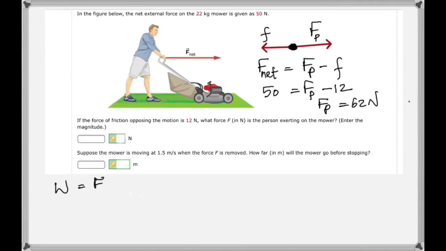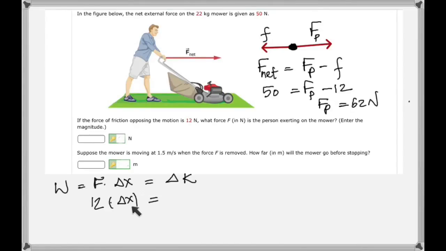And then if it was moving initially at 1.5 meters per second and the force is removed, how far will it go? So in terms of work, you get force times displacement is equal to change in kinetic energy. See, that is the work-energy theorem. Work done is equal to change in kinetic energy.